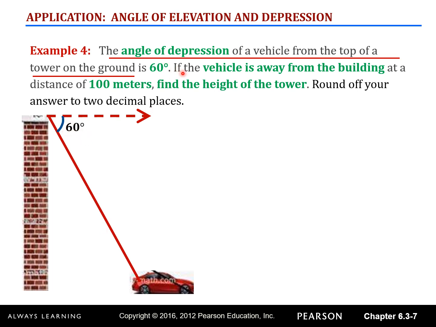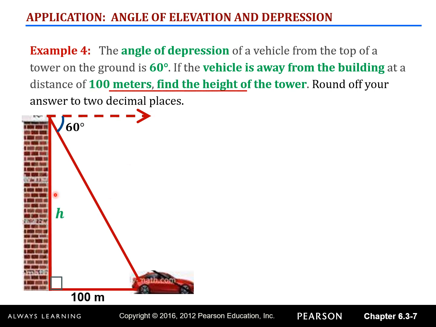And then another given is that the vehicle is away from the building at a distance of 100 meters. So we have here the 100 meters, which is the horizontal distance. And then the question is, find the height of the tower. In finding the height, we will start at the ground up to the top of the tower. So this is the unknown, which is denoted by h.